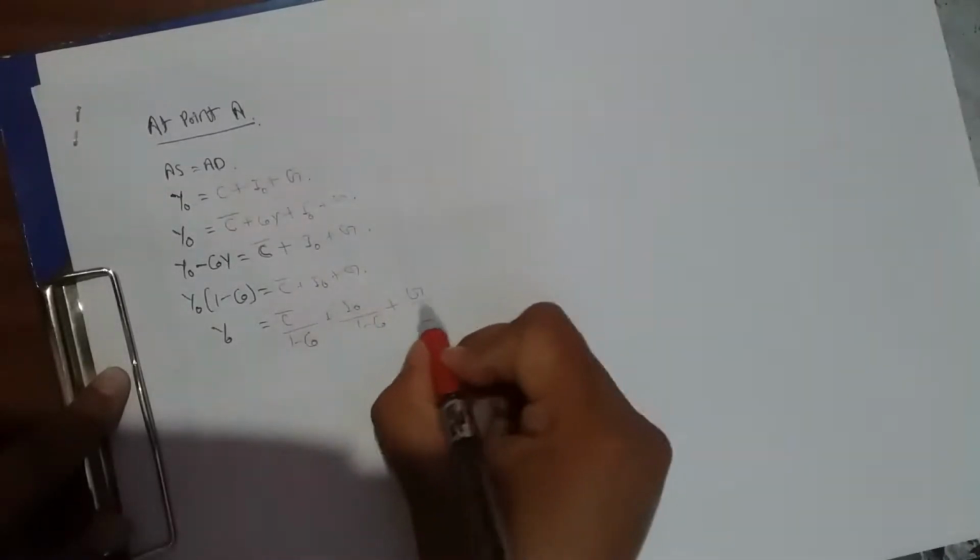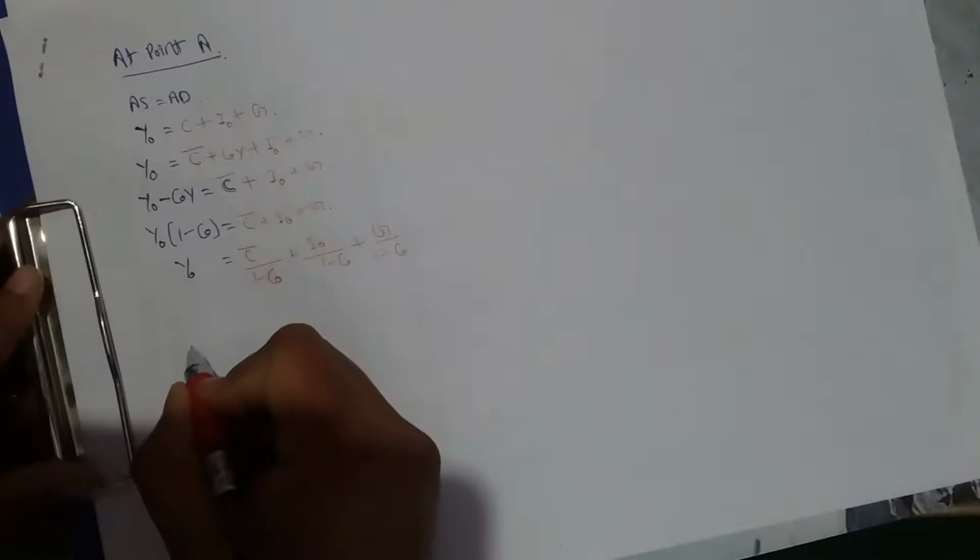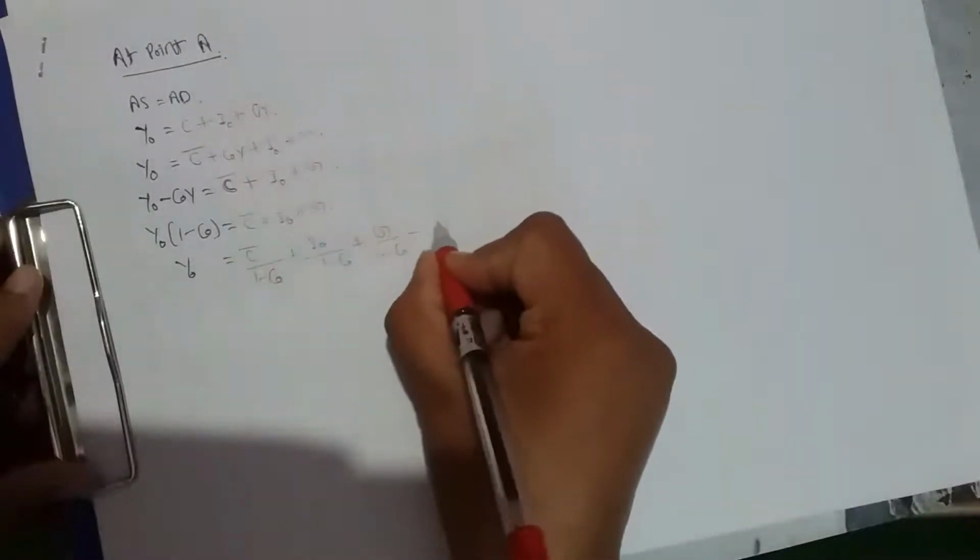So y naught is equal to C bar over 1 minus c naught plus I naught over 1 minus c naught plus G over 1 minus c naught, right? And this is equation 1.